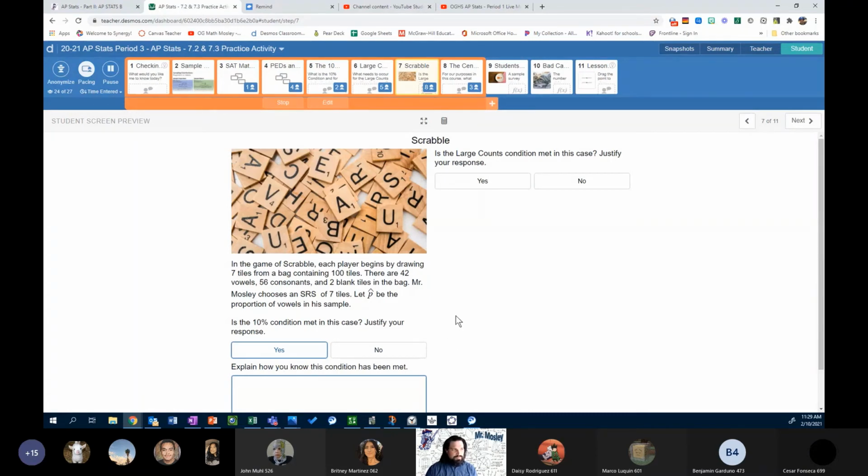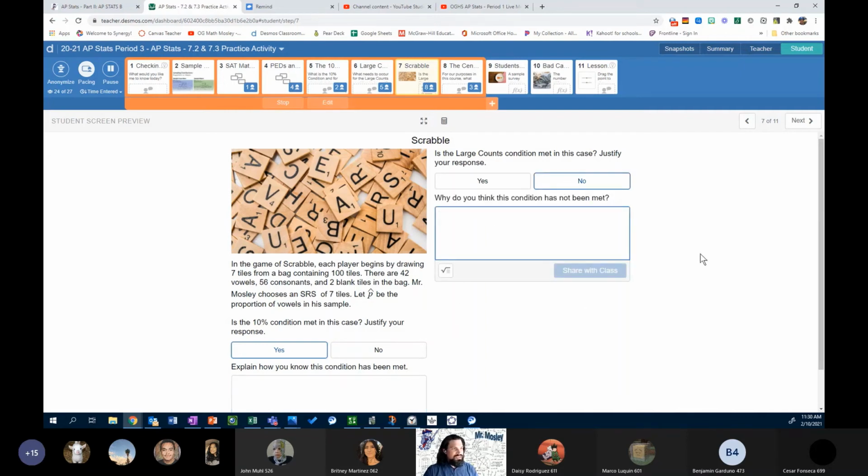Well, n is 7. 7 times 0.42 is less than 7. I think it's going to be right around 3. Less than 10. So the large counts condition is not satisfied. That is because my sample size is only 7, so it's impossible for me to have at least 10 successes and at least 10 failures when I only have 7 to choose from.